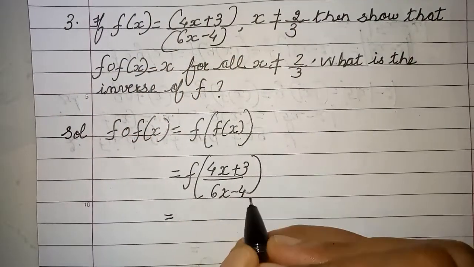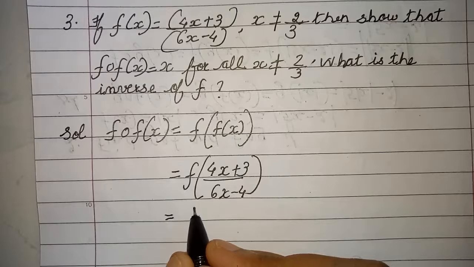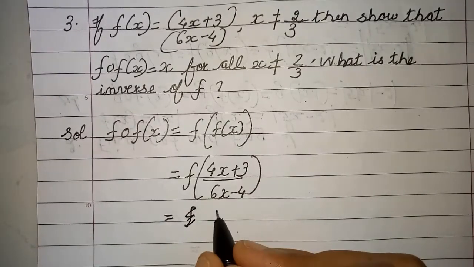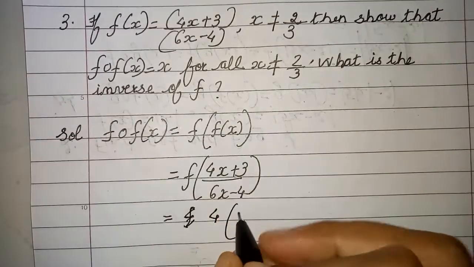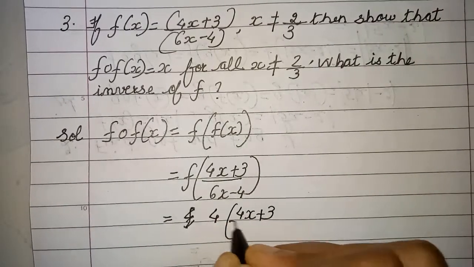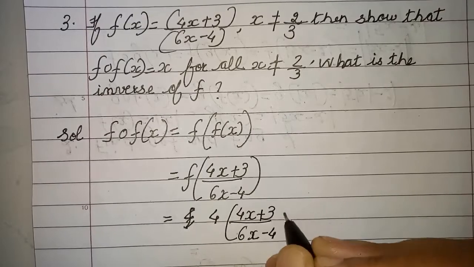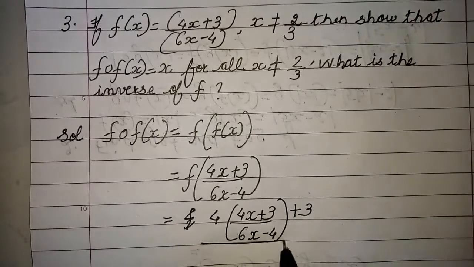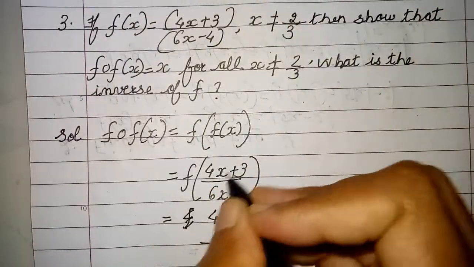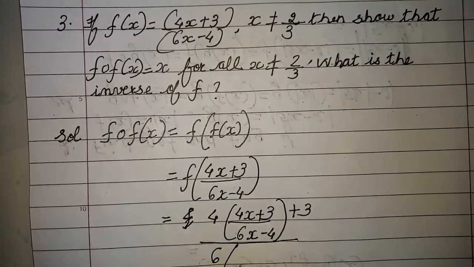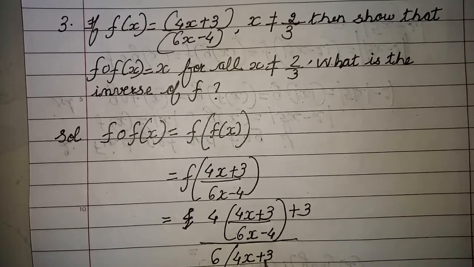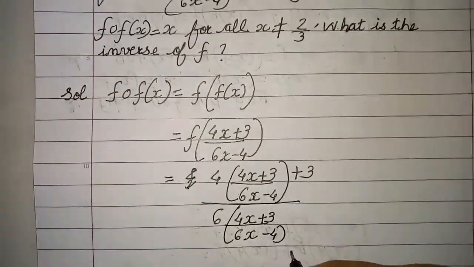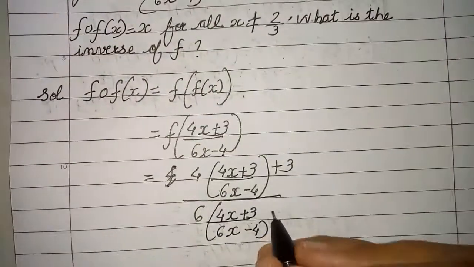Suppose this whole number is my capital X. This is going to be 4 times of this capital X, 4 times of this number. Now to that number you have to add 3 upon 6 times of this full number, 6 times of (4x plus 3) upon (6x minus 4), minus 4.